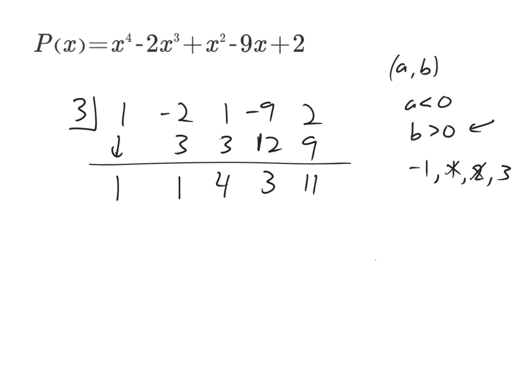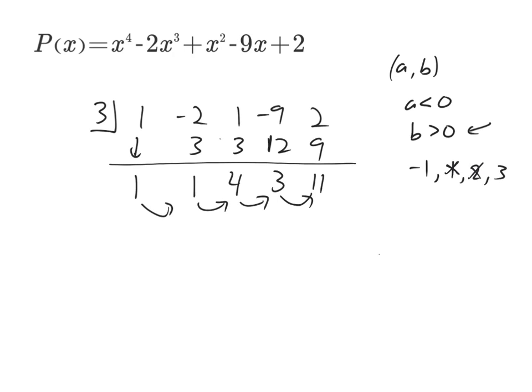So if you notice, it doesn't change sign at all. Since 3 is positive, that means 3 is my upper bound. So all my zeros are going to lie between -1 and 3. And that is the answer that I want to get for this. So A is -1, B is 3.